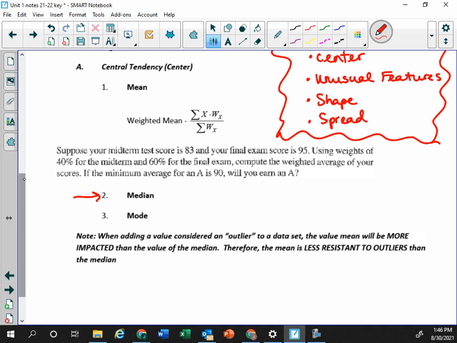So weighted average here, all you would do is take the 40%, so 0.4 times that midterm score, which was 83, plus 60%, so 0.6, times, what was it, 95?